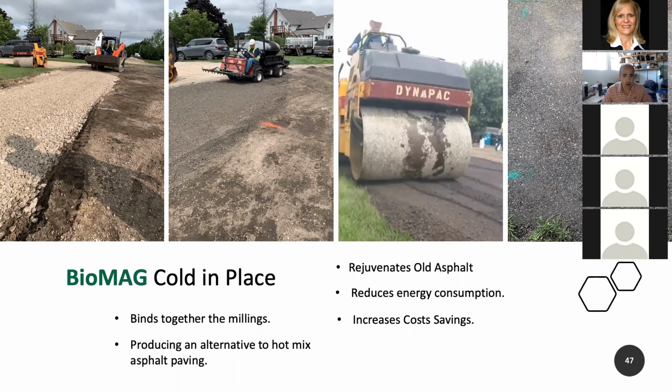Those are raked out, and then in the second picture, you see the cold in place additive on the back of the truck with a simple spray nozzle array that's distributing the Biomag based cold in place additive onto those millings. And then simple compaction is occurring in the third image.